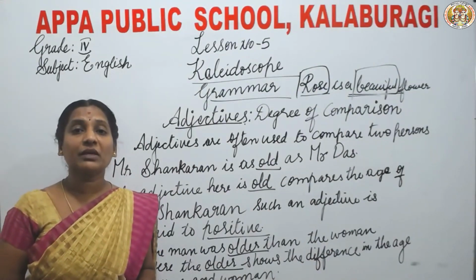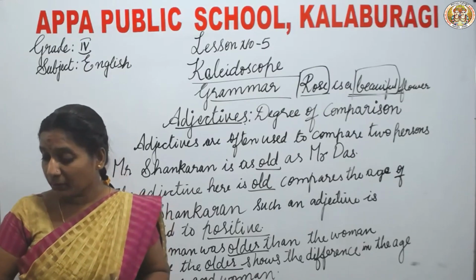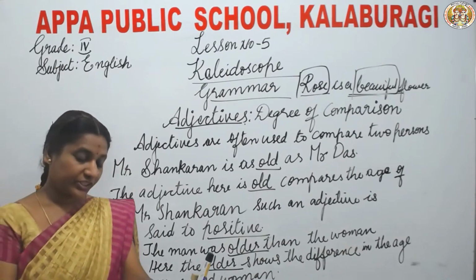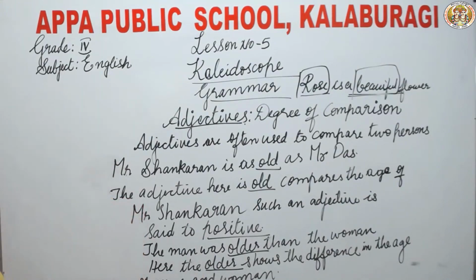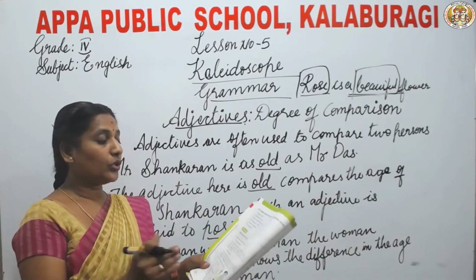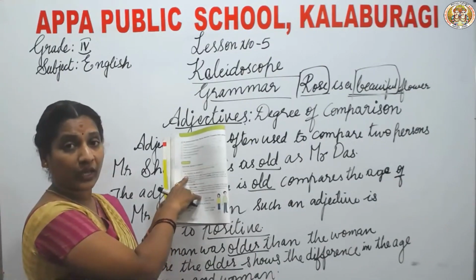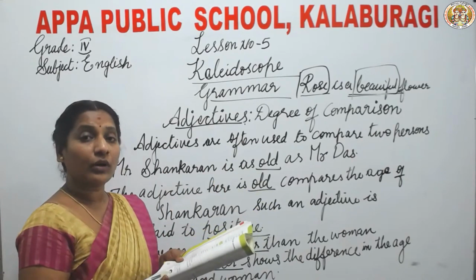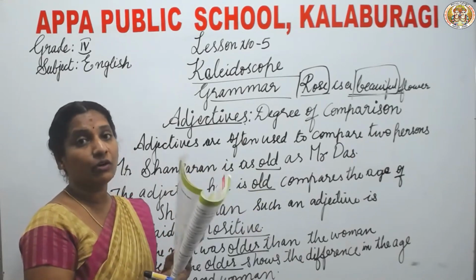All I request my little children to open page number 68, degree of comparison. Hold the pencil over here and just follow as I go on reading. Then you will be able to follow exactly and understand what degrees of comparison are.